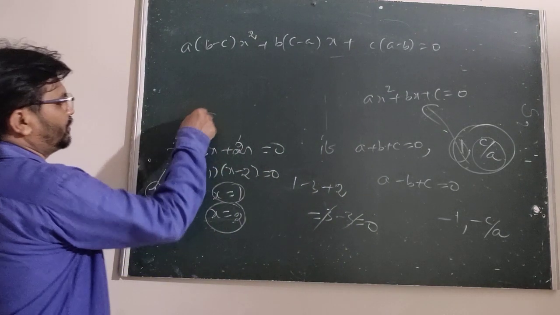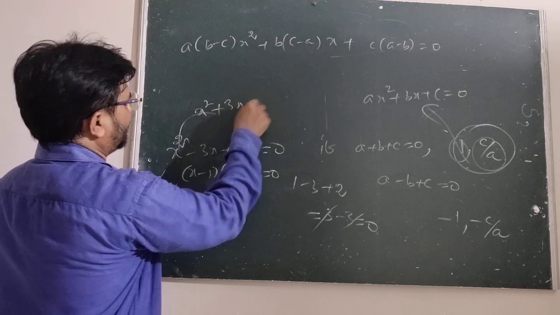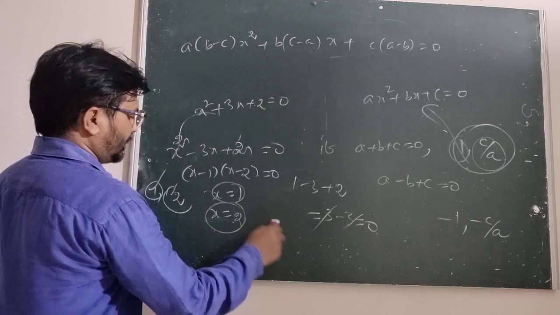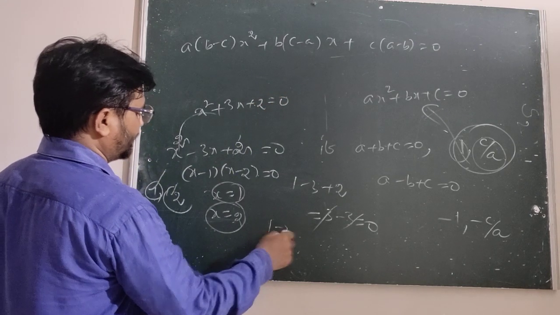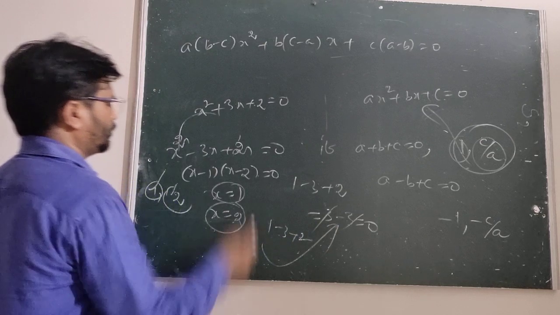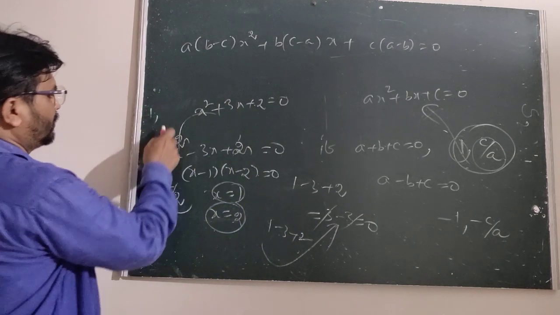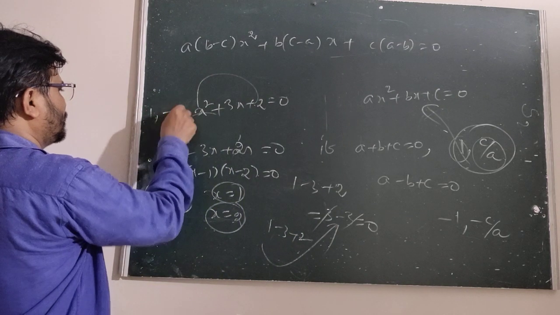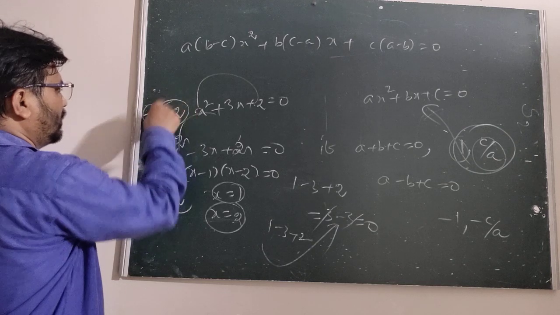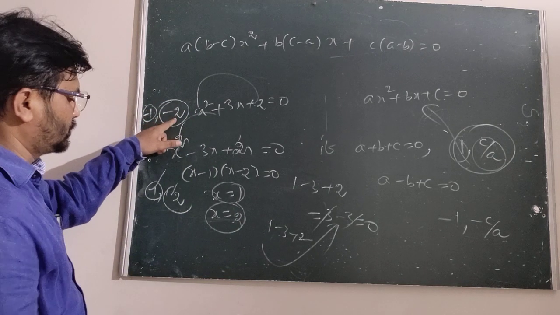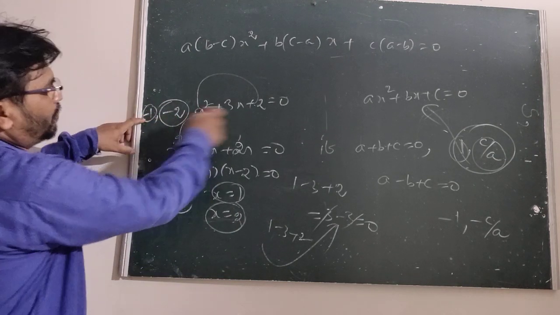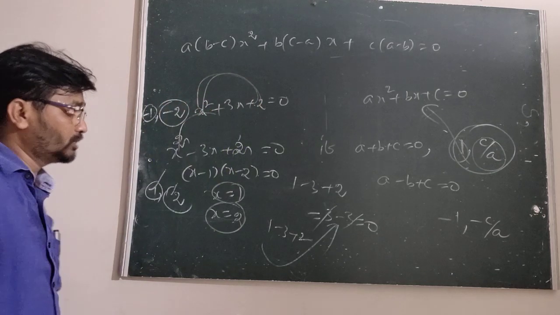What you observe here, x square plus 3x plus 2 equals 0. A minus b plus c, 1 minus 3 plus 2, here also 0. The roots are minus 1 comma minus c by a. Minus 1 and minus c by a is minus 2.